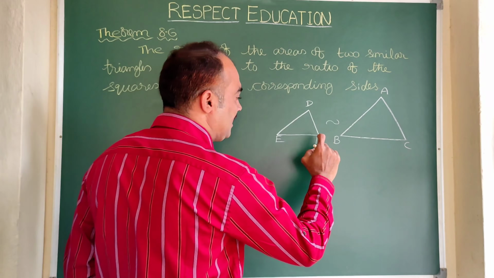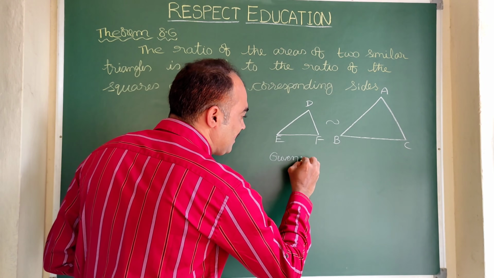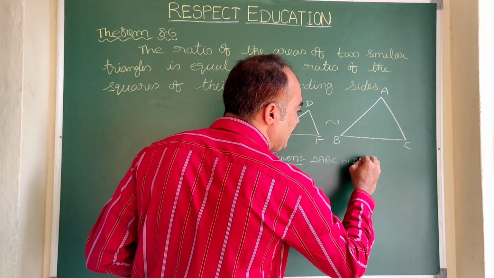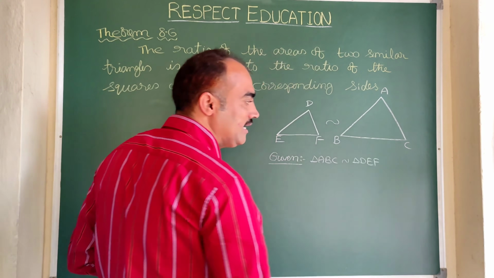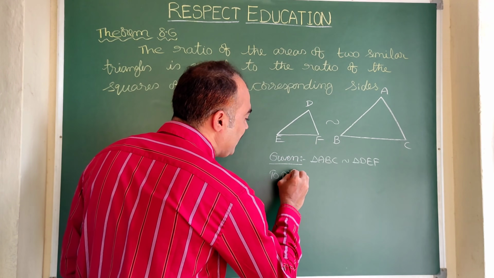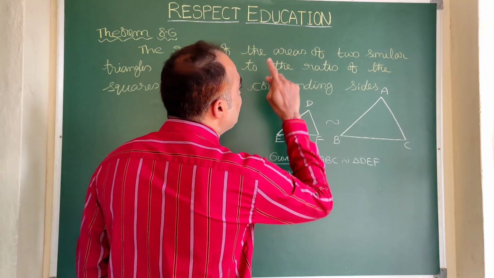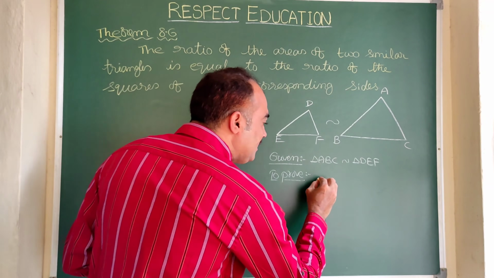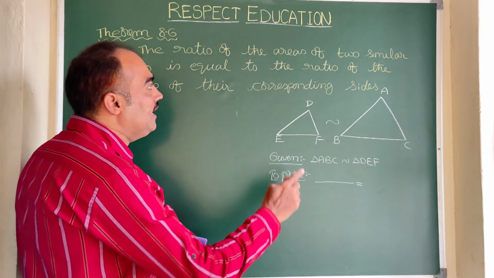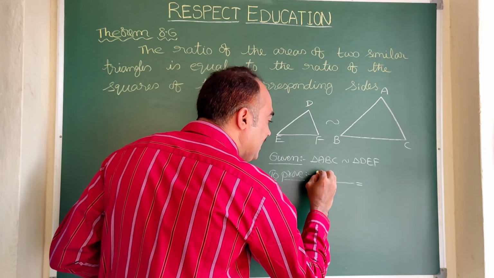See, here I will explain clearly what is to be proved. So let us first write the given. Here the given condition is that triangle ABC is similar to triangle DEF. These two triangles are similar. Now what is to be proved here? To prove: the ratio of areas of two similar triangles, ratio means divided by.